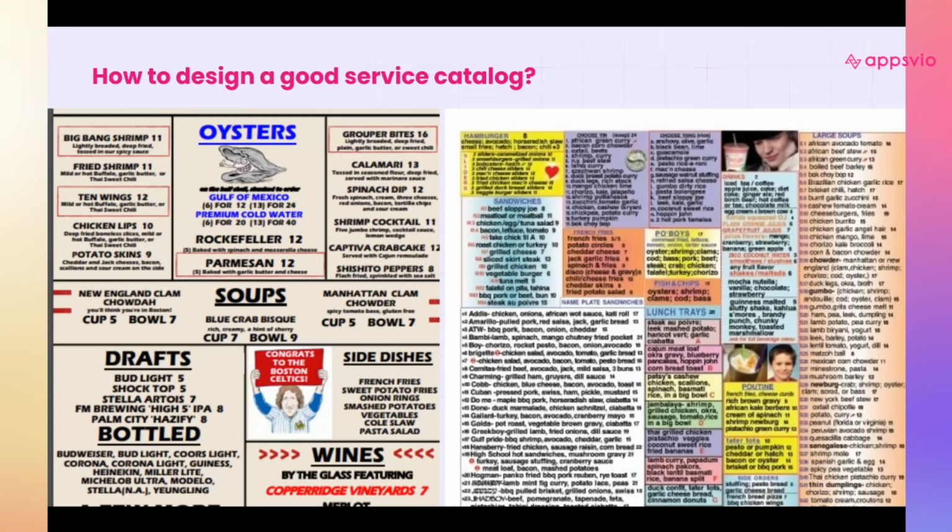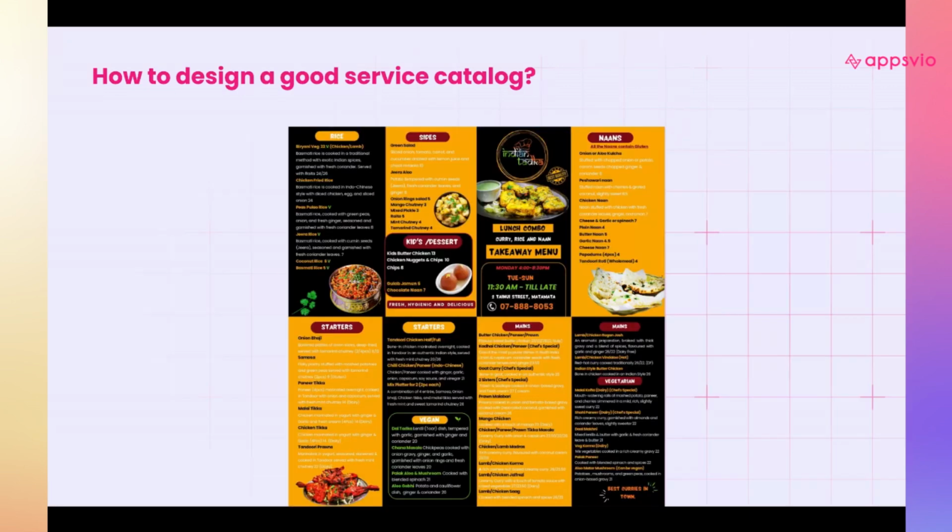Now let's take a look at a little bit better version of the menu. Maybe it's not perfect, but we have some categorization, some photos, prices, and it's definitely a better version. So the question is, how could we define a good menu?